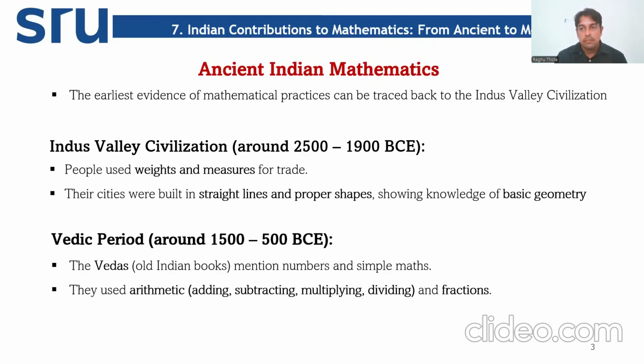That clearly makes us understand they had clear knowledge about geometry, which talks about different shapes. So they constructed the cities and buildings in straight lines and different proper shapes. That gives an indication that they had a good knowledge of basic geometry. So this is the way the mathematical practices have been traced from Indus Valley Civilization.